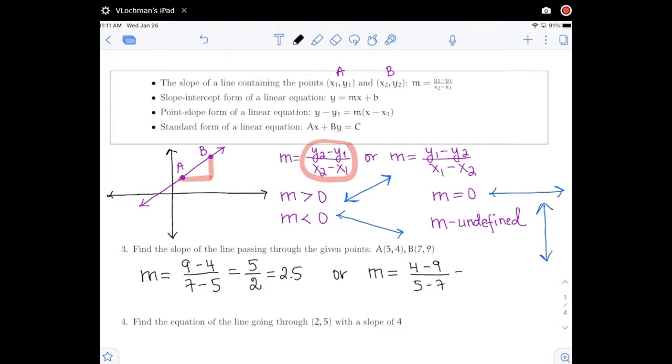And notice what's going to happen. You're going to get negative 5 here, but also negative 2 here. The final answer is the same. You do not need to do it twice. I'm just emphasizing the point that it doesn't really matter which way you go, as long as you're consistent.